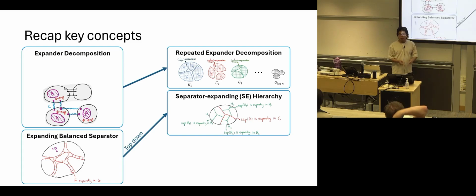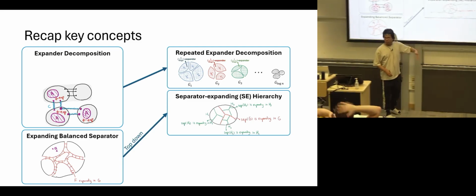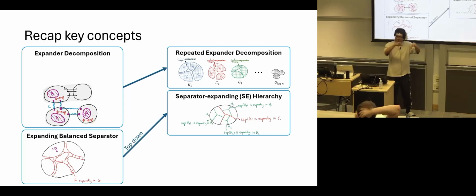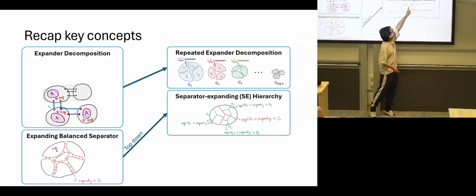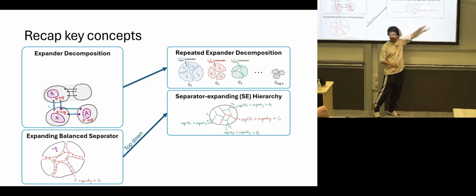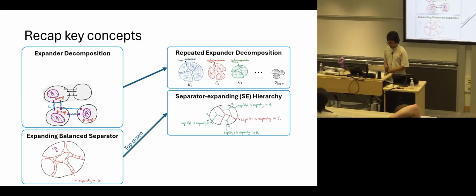At the same time, it's a balanced separator. If you can get this, then you can build this hierarchy easily. Just compute the expanding balanced separator and recurse. That expanding balanced separator is going to be your separator at the top level, and then you recurse on each component.